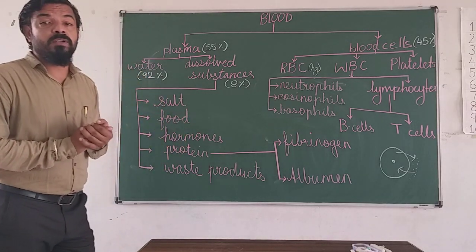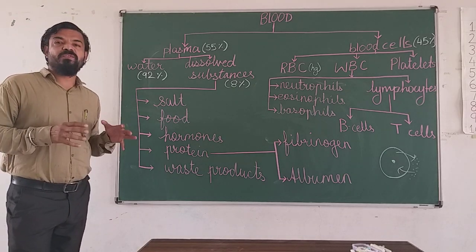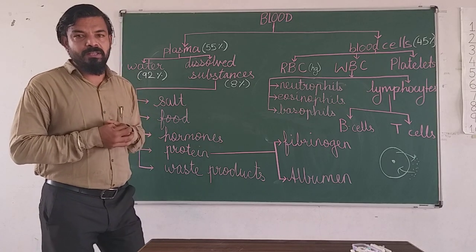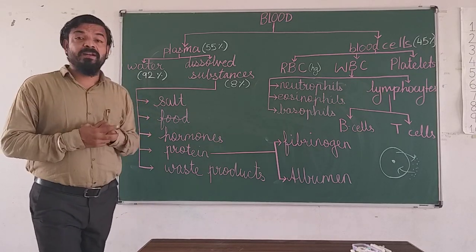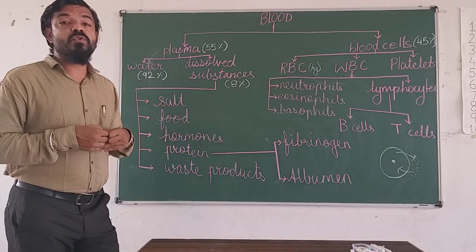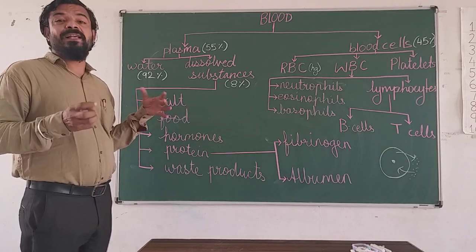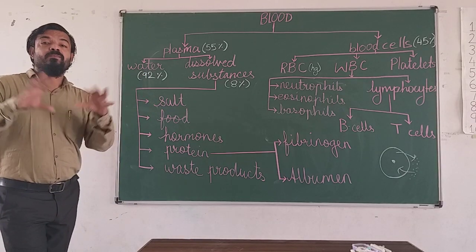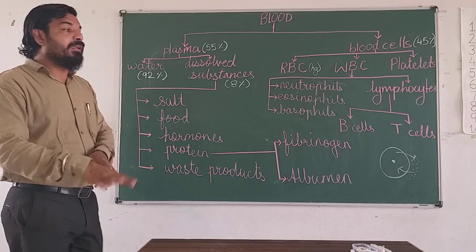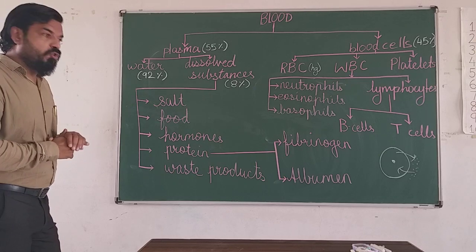That is also very important, to throw the waste products out of the body, because these waste products are toxic substances present in the body, and toxic substances are very dangerous for your body. That is why, if you drink more water, these toxic substances are forced by the cells to go out. The blood carries these toxic substances to the kidneys, and the kidneys throw them out of the body in the form of urine.